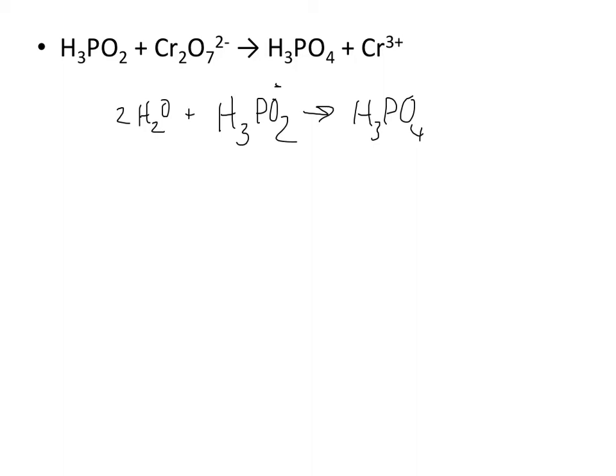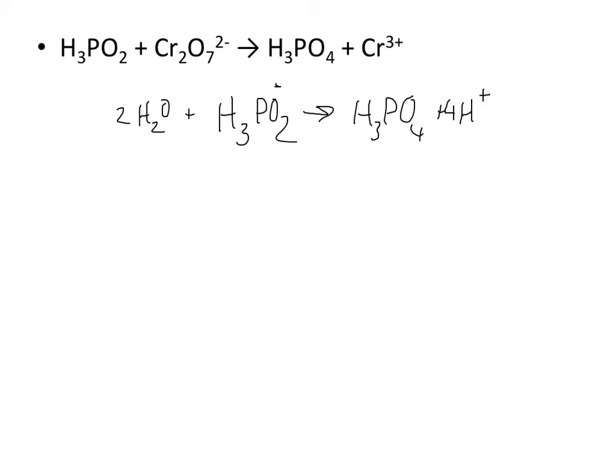Now that gives us an excess of hydrogen, and so we will balance that by adding 4 protons to the right. So now we've got a total of 7 hydrogen on each side, and then we've got 4 oxygen on each side and a phosphorus.